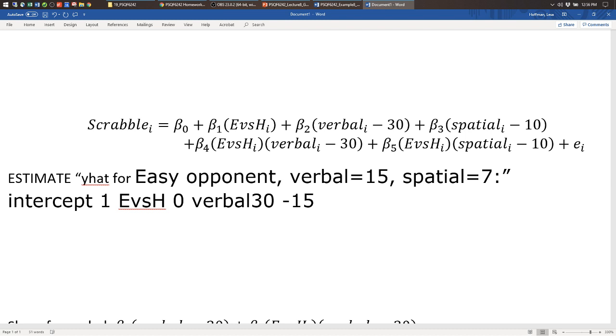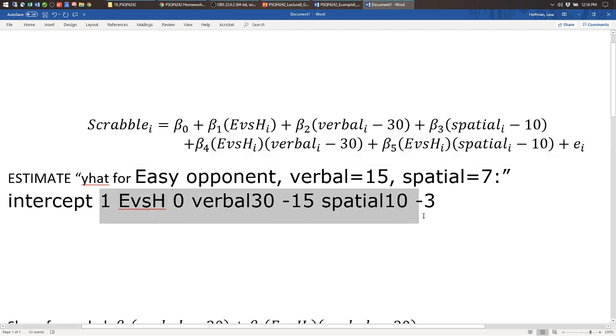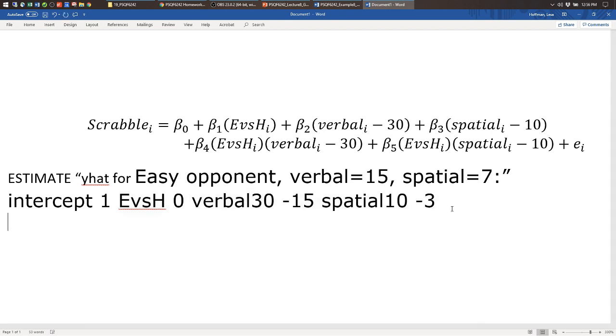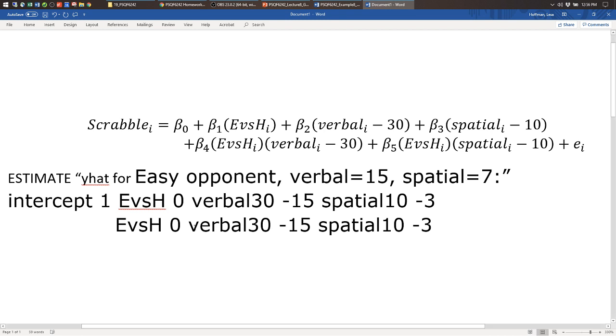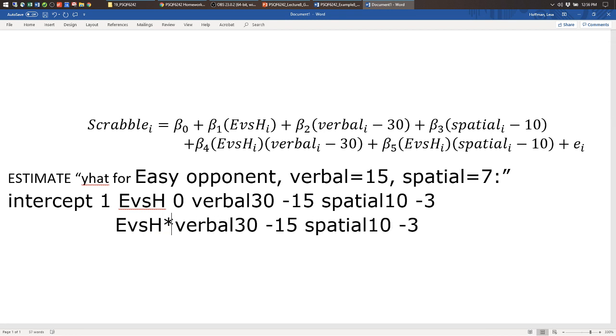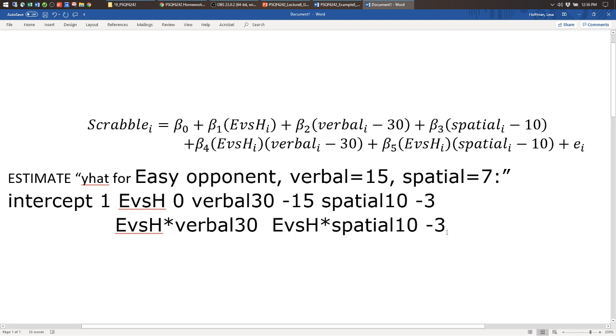That's an easily fixable one. Likewise, spatial 10, negative 3. And then we need both the interaction terms. I'm just going to return here. And easy by verbal. And we also need easy by spatial.